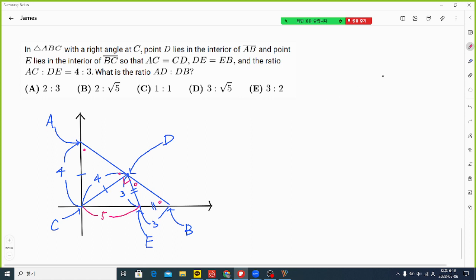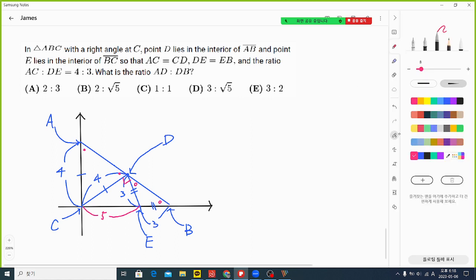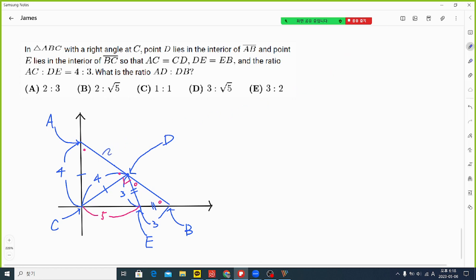So if we make the equation using x and y intercepts, we can make this equation.